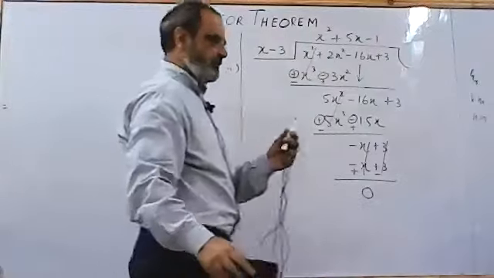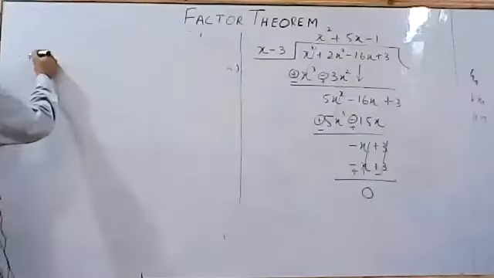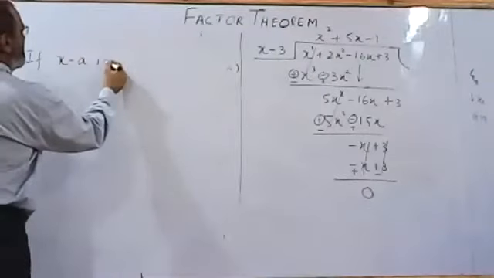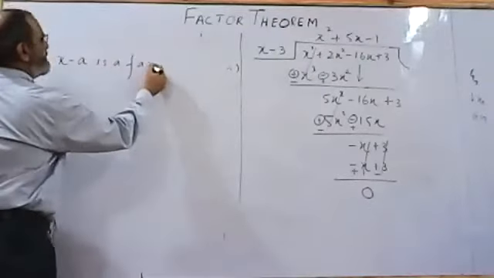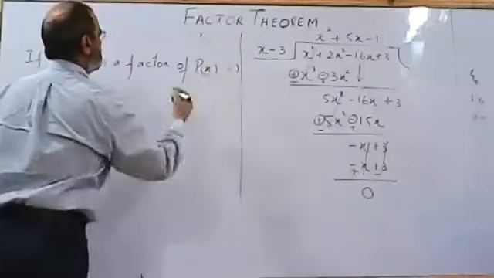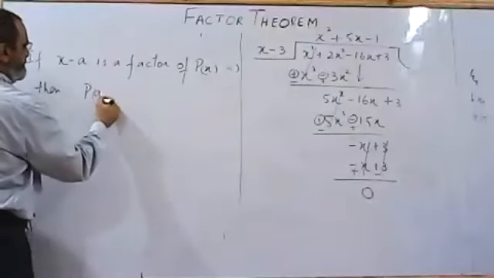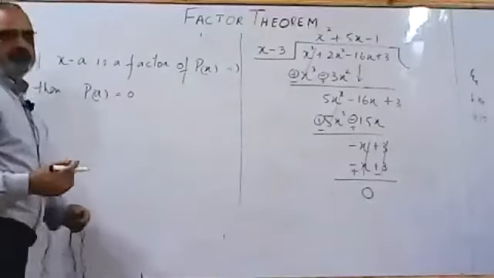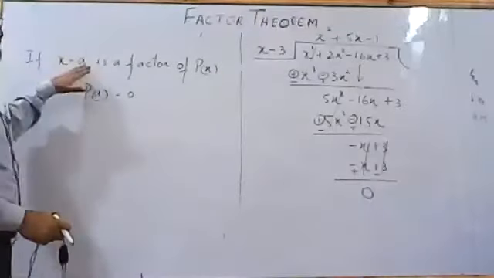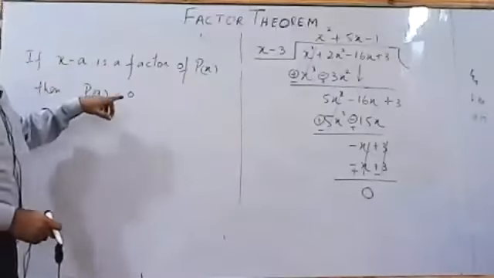So the rule says if x minus a is a factor of a polynomial p(x), then p(a) will be 0.